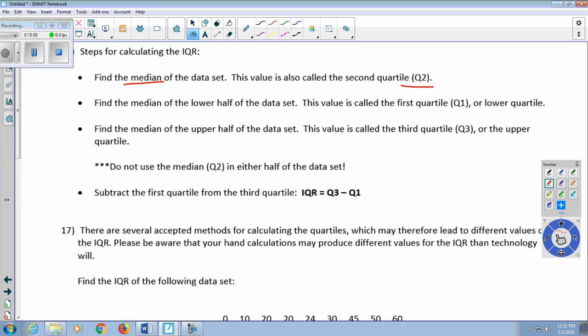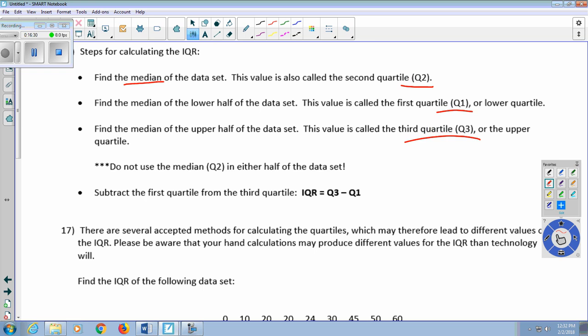The second quartile is going to show us where 50% of the data is, and so on. So the median of the lower half of the data set: once we found the middle value of the data set, we're going to break the lower half again, and that's going to find the first quartile, or where 25% of our data is. And then we're going to do the same thing for the upper half and find the third quartile.